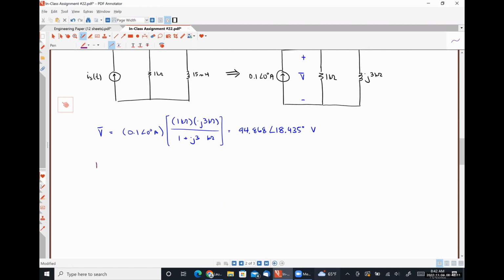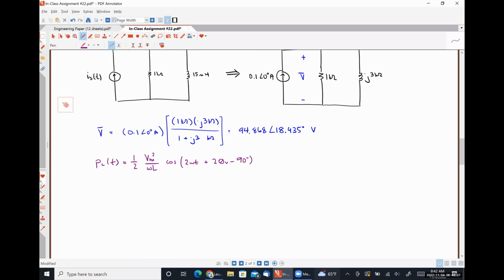We know that the instantaneous power absorbed by an inductor in terms of the voltage is 1/2 Vm squared over omega L times the cosine of twice omega t plus twice theta v minus 90 degrees.